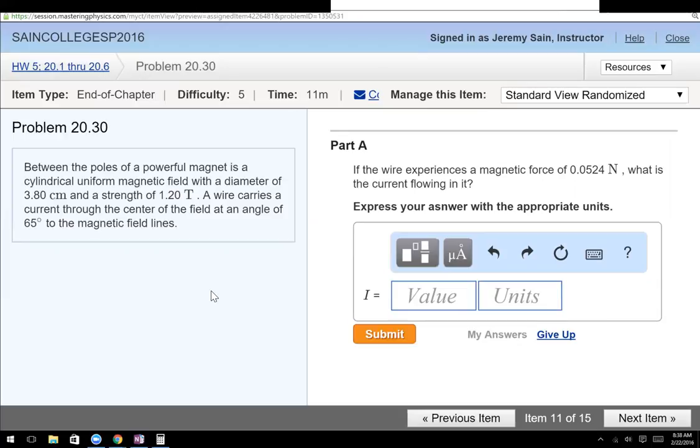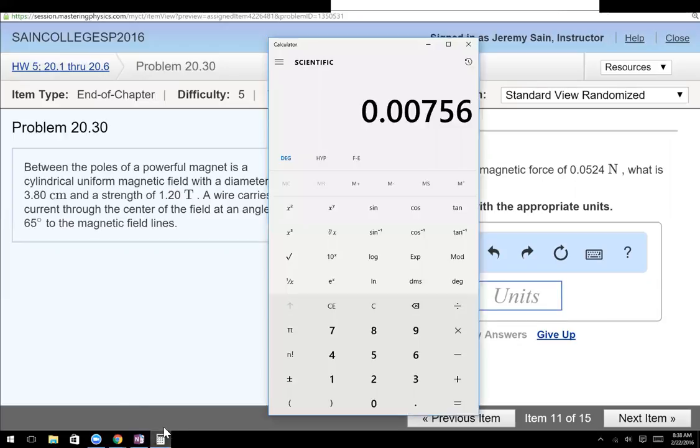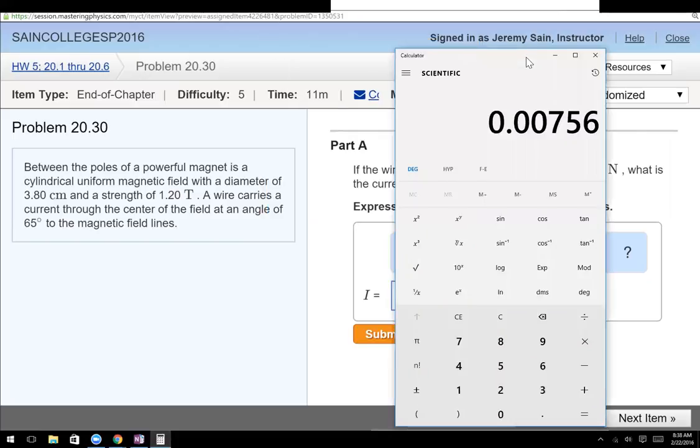Let me guess right quick and make sure that this works. So if I go 3.8 centimeters, that's 0.038 times pi, that's the circumference of one loop, times 1.2 for the strength of the field, times sine of 65.